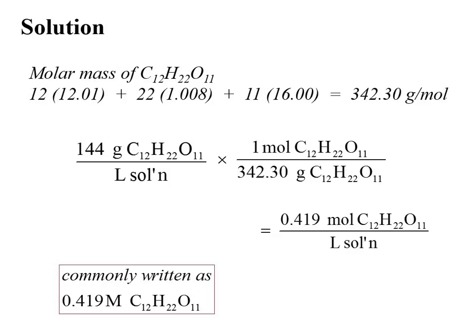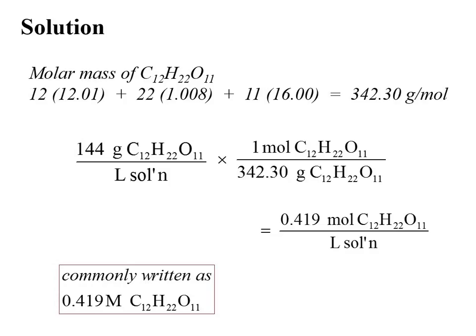I would know that I need to get my grams to moles, and I need to fix my milliliters to liters. However you want to do that first. Let's fix my milliliters to liters like we did before. If I do 1,000 milliliters over 1 liter, that fixes my milliliters. And then if I insert the molar mass, you told me to use the flipped version, which is right, 1 mole over 342.30 grams.